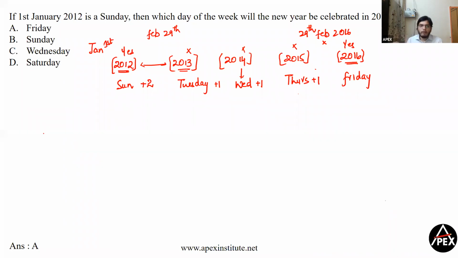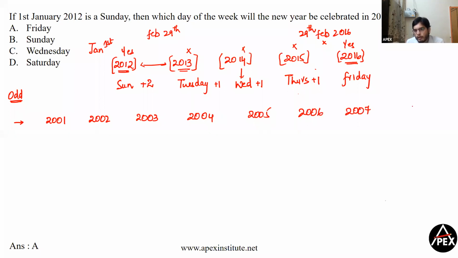Okay. Now I have a question for you. How many odd days will be there from 2001 to 2013? So 2001, 2002, 2003, both included, 2004, 2005, 2006, 2007, 2008, 2009, 2010, 2011, 2012 and 2013.